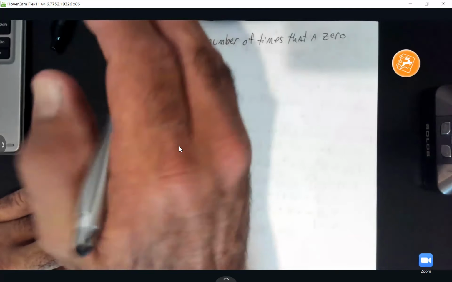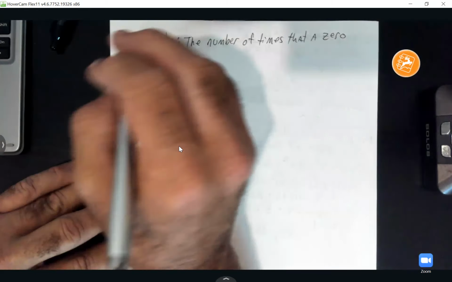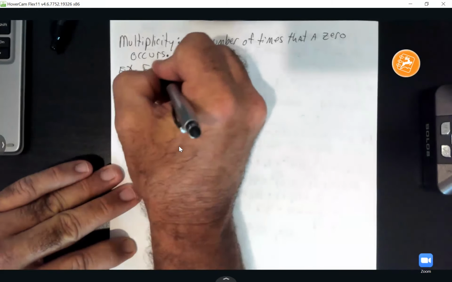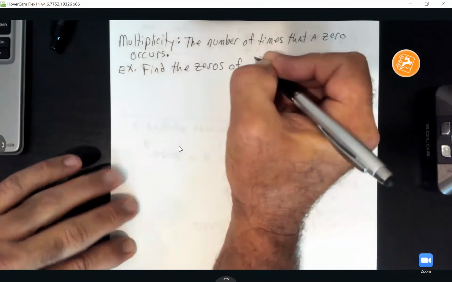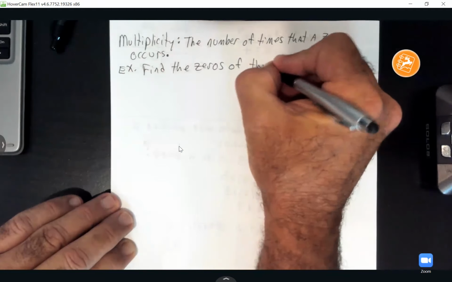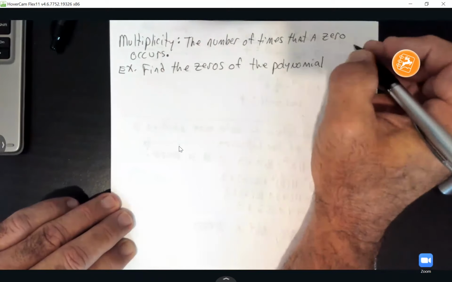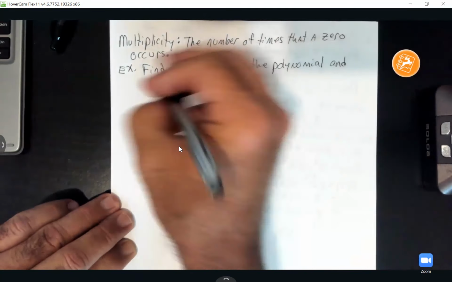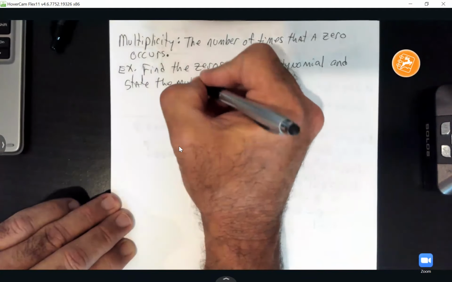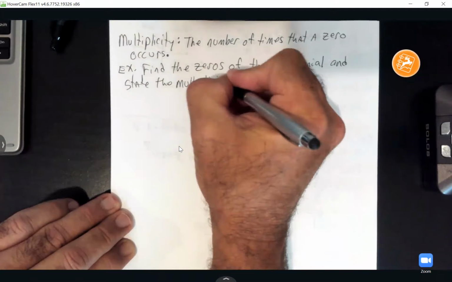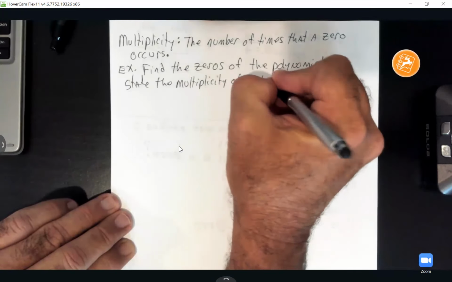All righty, so let's play with this example. They say, find the zeros of the polynomial and state the multiplicity of each.